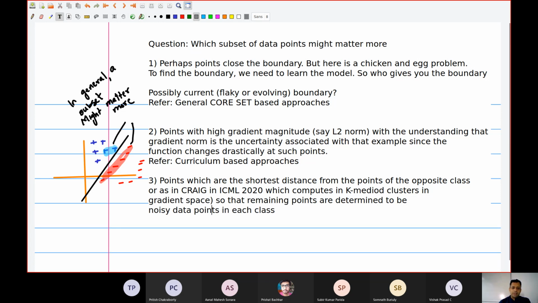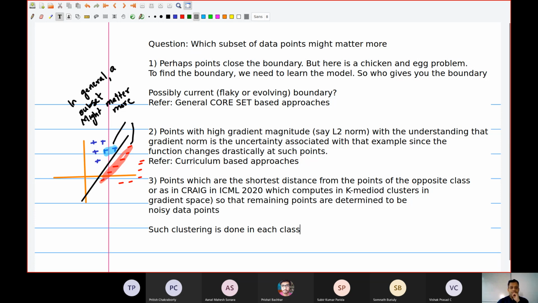Such clustering is done in each class. Because in the training data you have the labels, you can do that. So that's how it tries to do away with the chicken and egg problem. There is still a chicken and egg problem because the gradients will change, but at least I'm using the class labels.